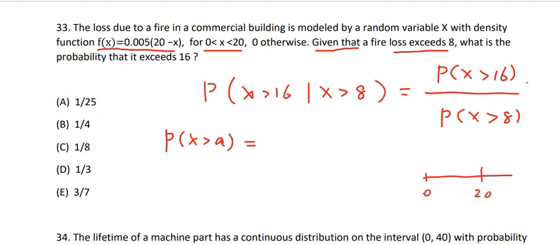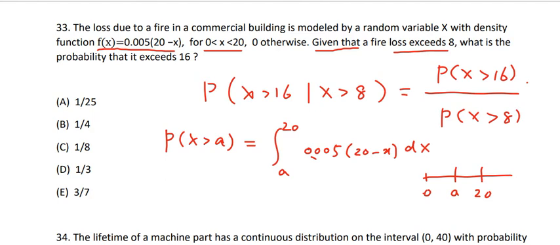So we put a here. The probability of larger than a is this integration from a to 20 of f(x) dx.